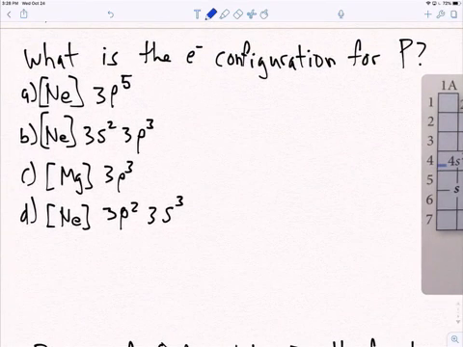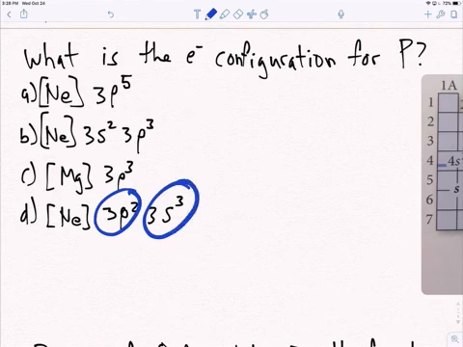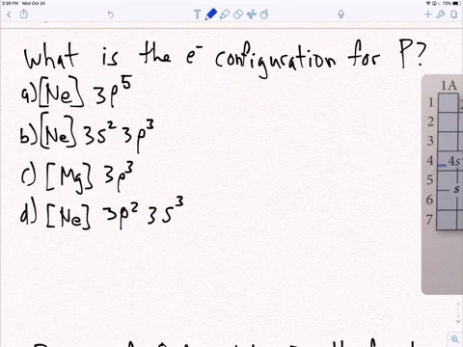How many think it's B? How many think it's C? How many think it's D? Okay, it's not D because the p has 2 and the s has 3. So that's backwards. And you can only use a noble gas configuration. It's not C, right? You can't do magnesium. So it's either A or B.